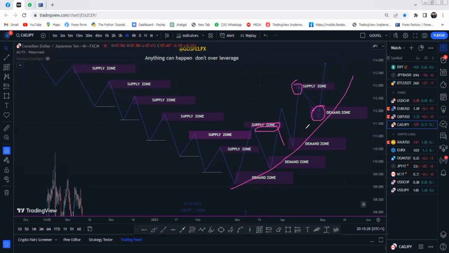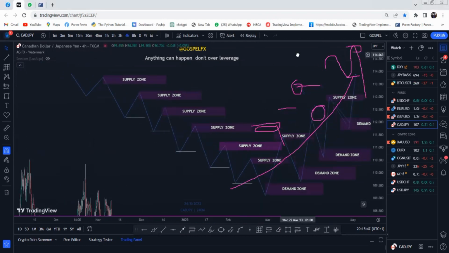So demand zones will keep breaking highs, and just like that the uptrend will go up till it expires, and then it starts to break a low, which means that sellers have now come in. This is a cycle. It will keep repeating like this.